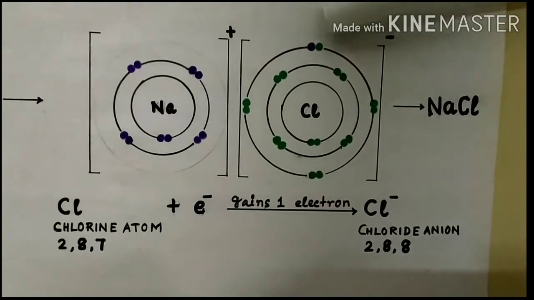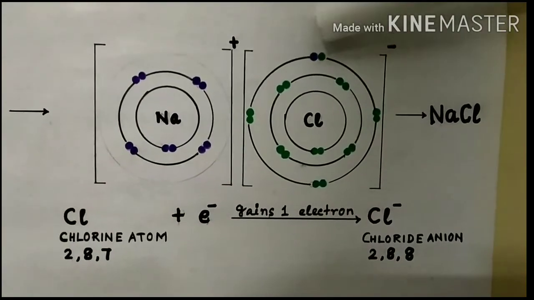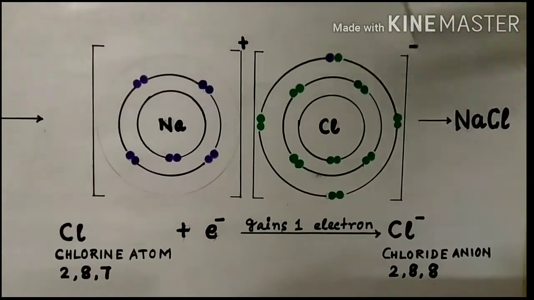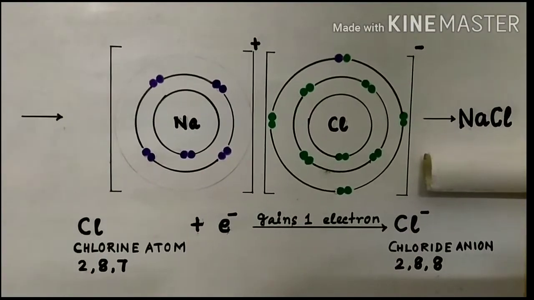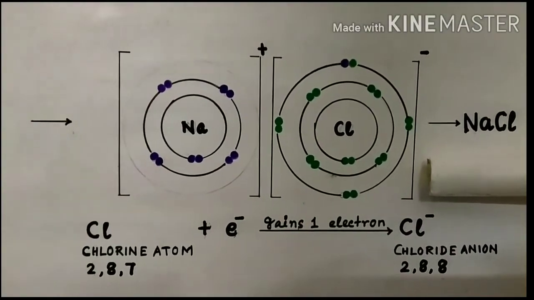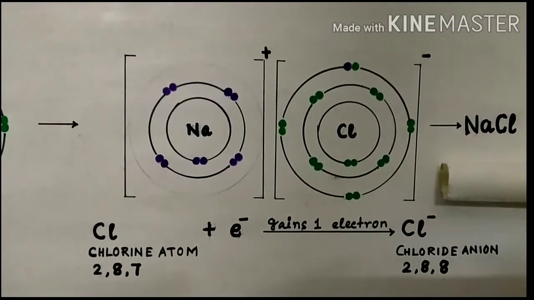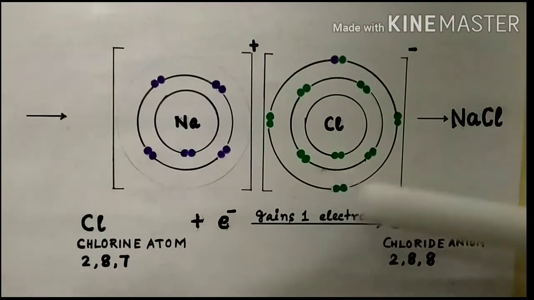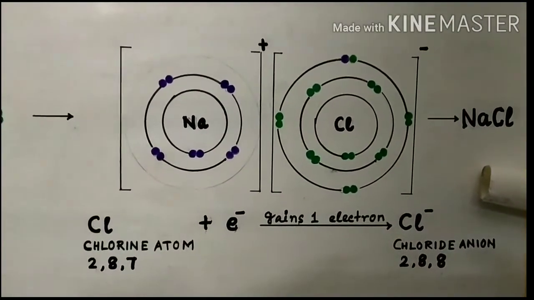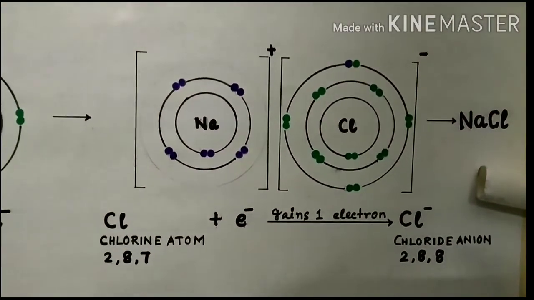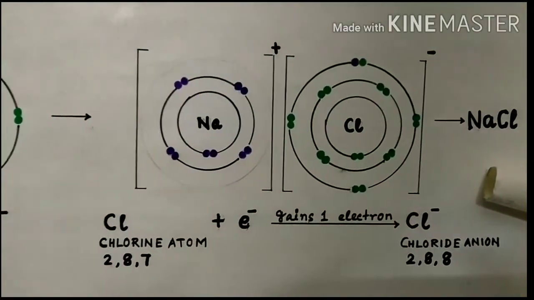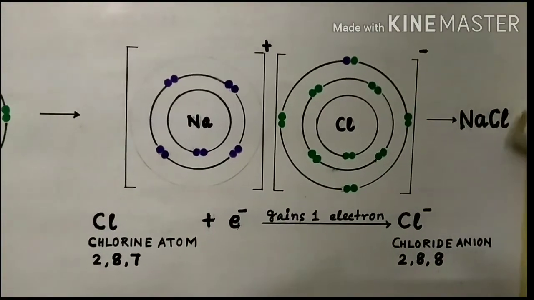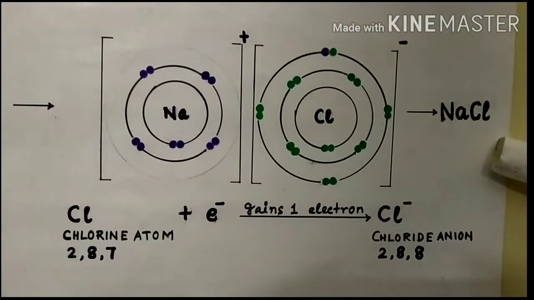See this purple color electron, it came from the sodium atom. This chloride ion got the stable atomic structure of argon, 2,8,8. Now these two oppositely charged ions attract each other and are held by strong electrostatic force of attraction, forming sodium chloride ionic compound.